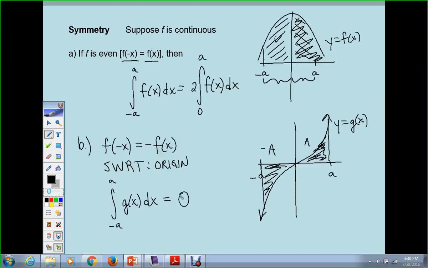So if you're working with an odd function, and you're going from negative a to a, the net area is going to be 0. Whereas if you're working with an even function, you could go from 0 to a and then just double it because you know you have symmetry with respect to the y-axis.